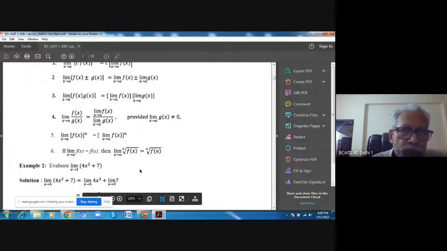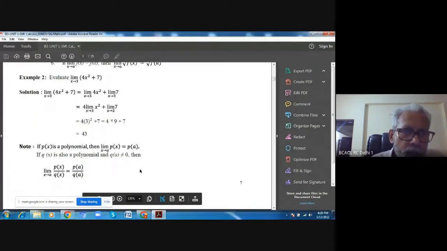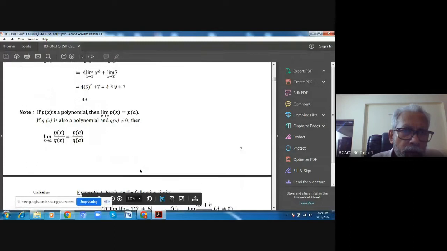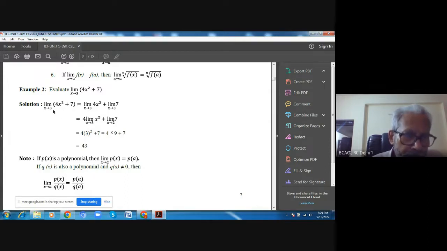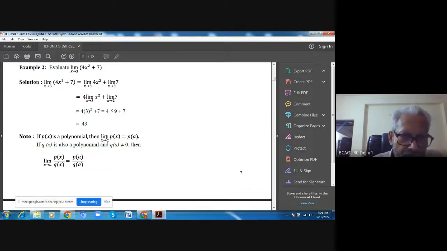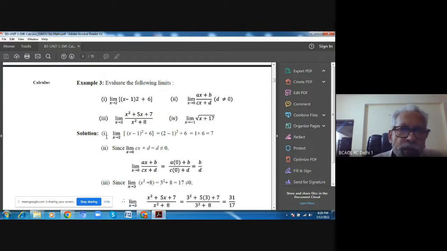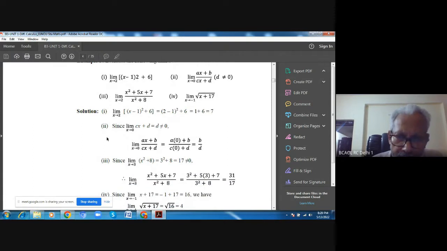Same thing for this limit. We can split up part by part, and then finally you have to put 3. If the limit is 3, you can put 3 here, and finally 43. I think you can do it, no problem.